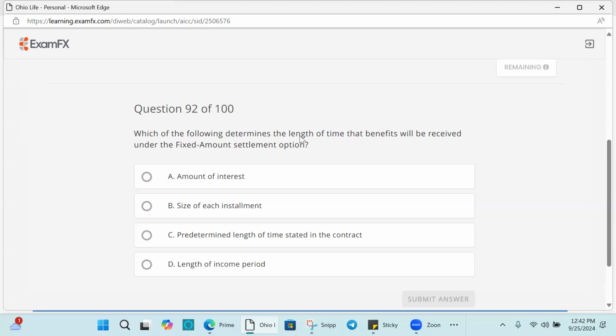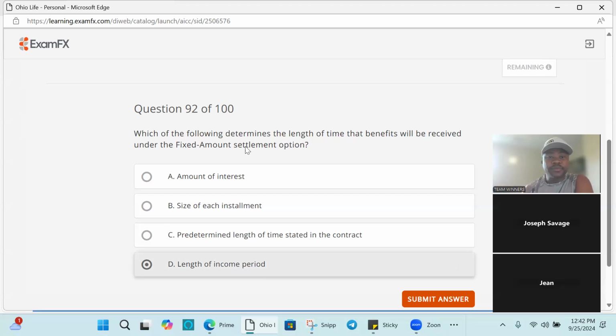The only way to tell the length of time is if we know how much. Amount of interest, size of each installment, predetermined length of time stated in a contract, length of income period.